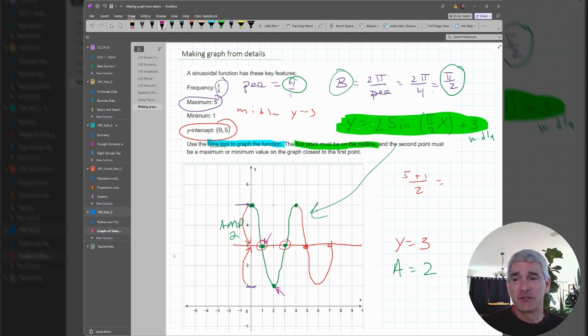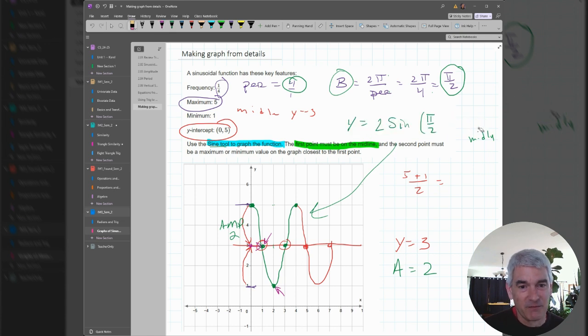Hopefully that addresses any concerns you might have about using the sine tool. By the way, my equation here is not exactly correct, because if I used sine, it would be starting here. So I need to shift this over. My students right now think it's a little ugly.